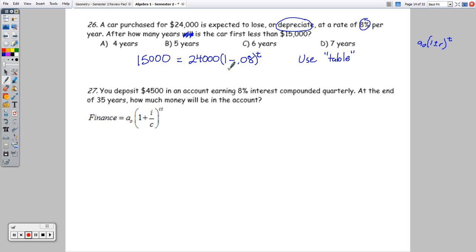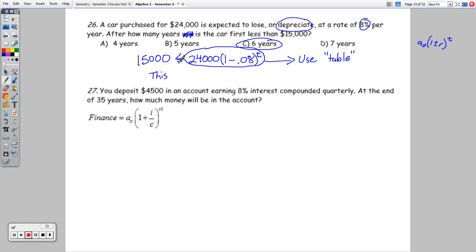And so the first time this happens, if you use that table button in the calculator, the first time the value using this expression typed into the table becomes less than or equal to 15,000 is at 6 years. So this happens at 6 years, and that is your answer.